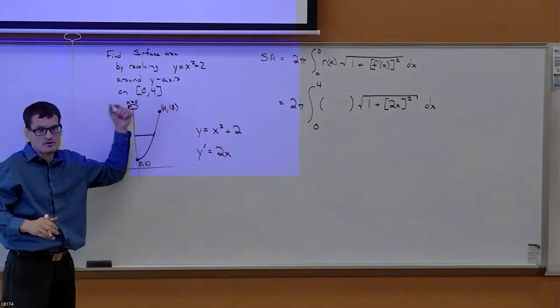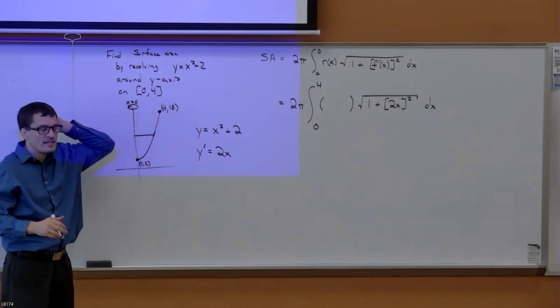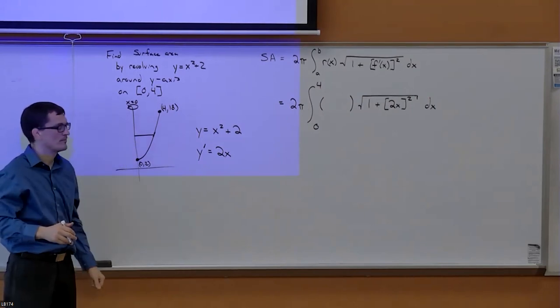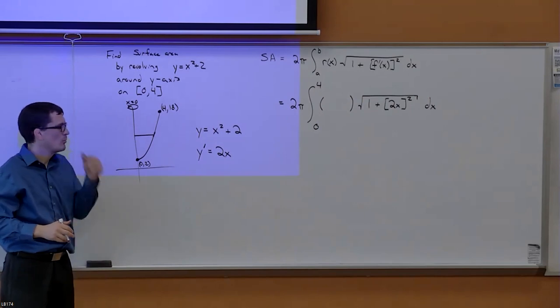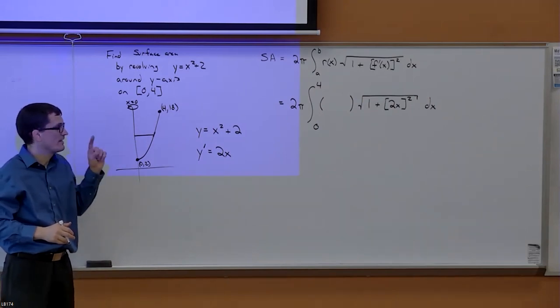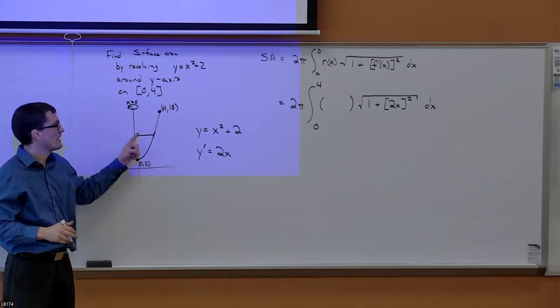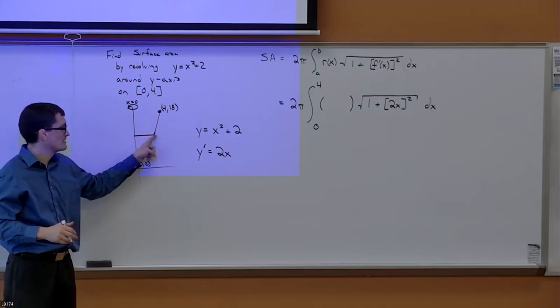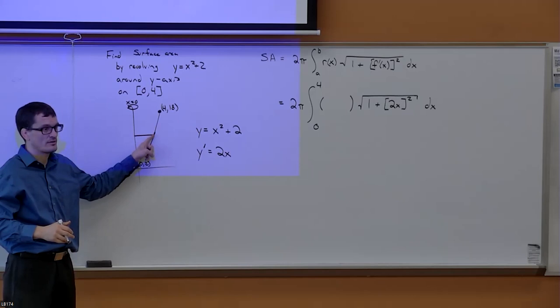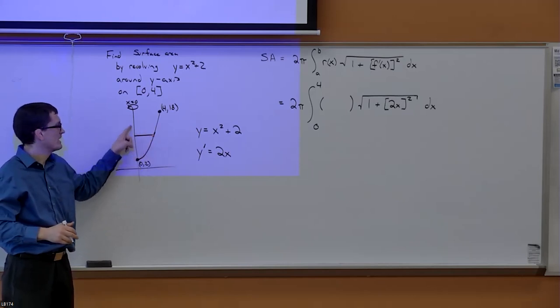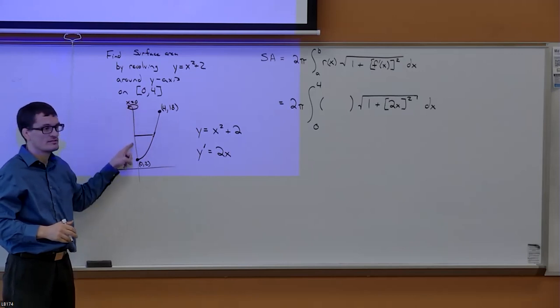They just go from 0 to 4. The radius we have to think through. What is the radius in this case? Well, the radius goes from some x value down to an x value of 0.